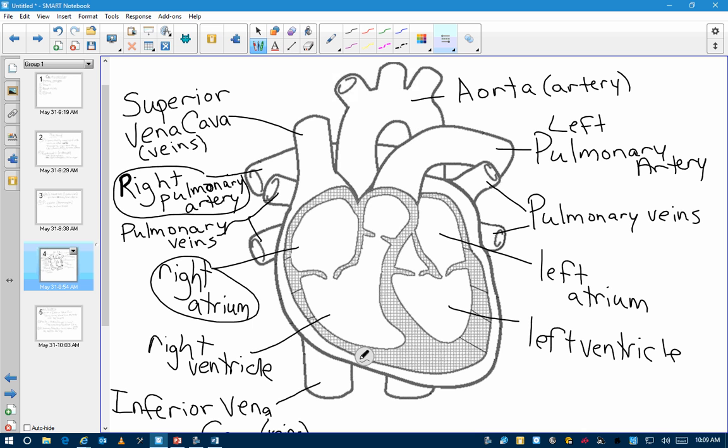Did anyone ever have a child that was born with some issue with their valves, or a heart murmur? That's usually what's happening here. If you can hear weird sounds happening in the heart, there's usually something going on with these valves. So what do you think the purpose of them are? They do open and close. For what? Yes, it's to make sure blood is going in one direction.